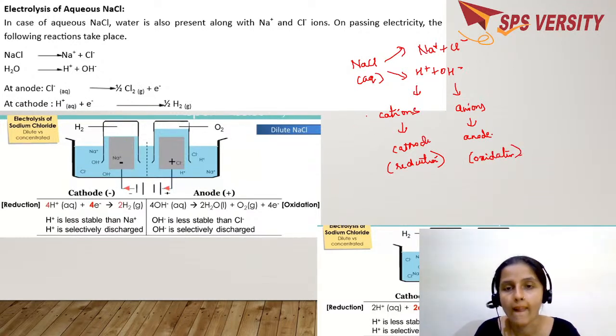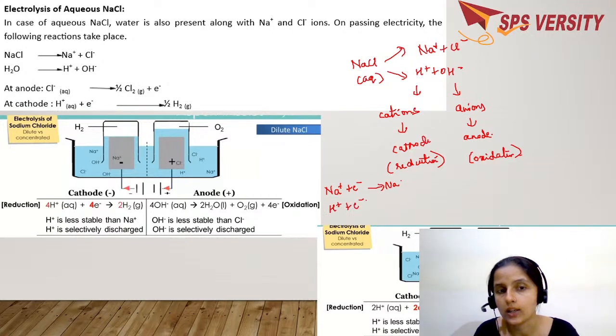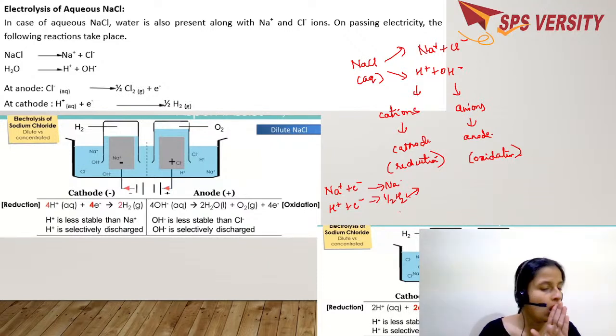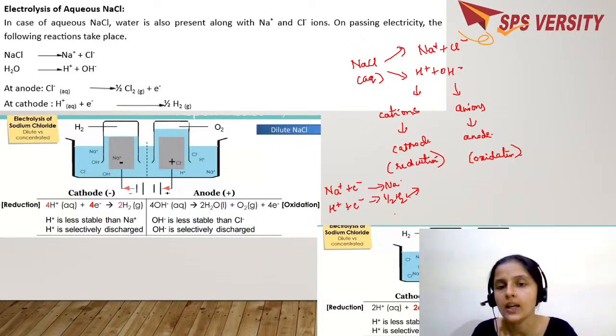Now at the cathode, what are the reduction reactions? Na+ plus an electron gives Na, and H+ plus an electron gives half H2. This is one of the reactions you are expecting at the cathode. So if you consider the reduction potential value, since reduction is happening, the reduction potential of hydrogen is more, so it's very stable.